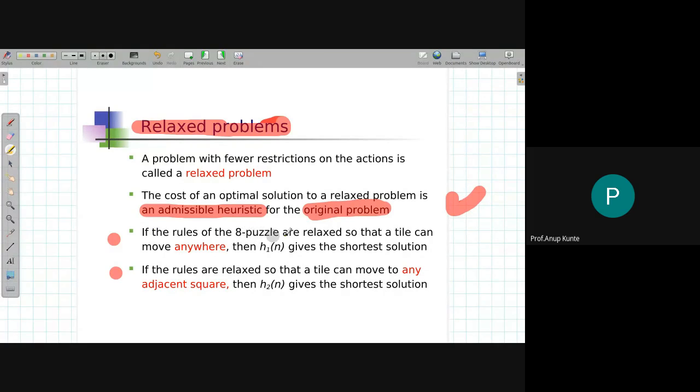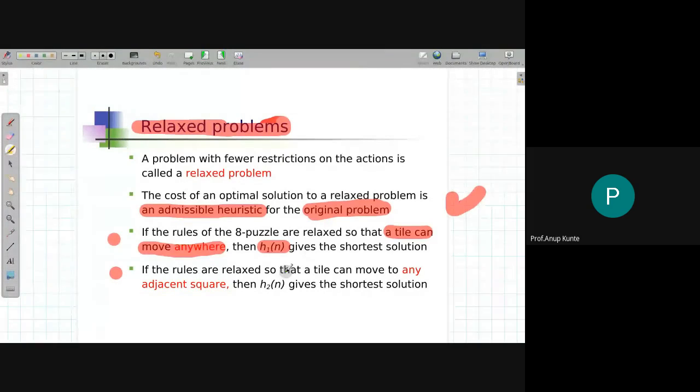Okay, so see, they are talking about H1 and H2. If the rules of 8 puzzle are relaxed so that the tile can move anywhere, then H1 gives the shortest solution, because H1 notes what, how many tiles are misplaced. So I'll know 8 tiles are misplaced, so I will pick up one tile and get it to its original position.